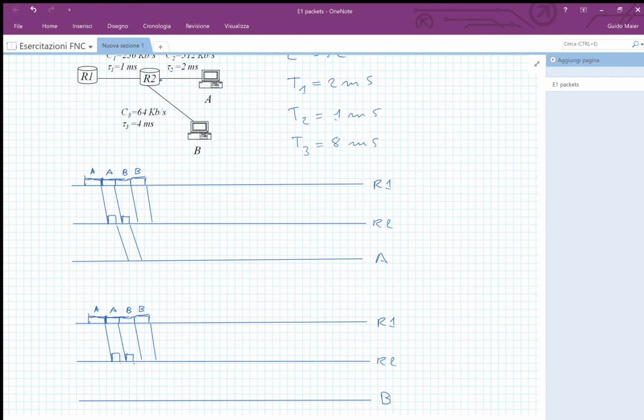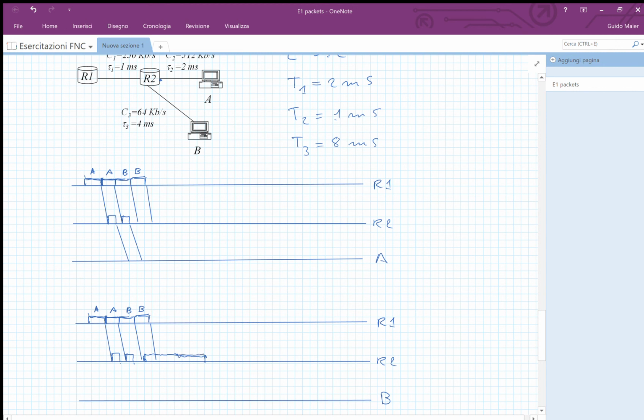So this means that transmission time is 8 milliseconds, and therefore, in this case, the second packet that is going to B will experience a queuing delay. So the first packet is starting to be transmitted here at this time, 1, 2, 3, 4, 1, 2, 3, 4.